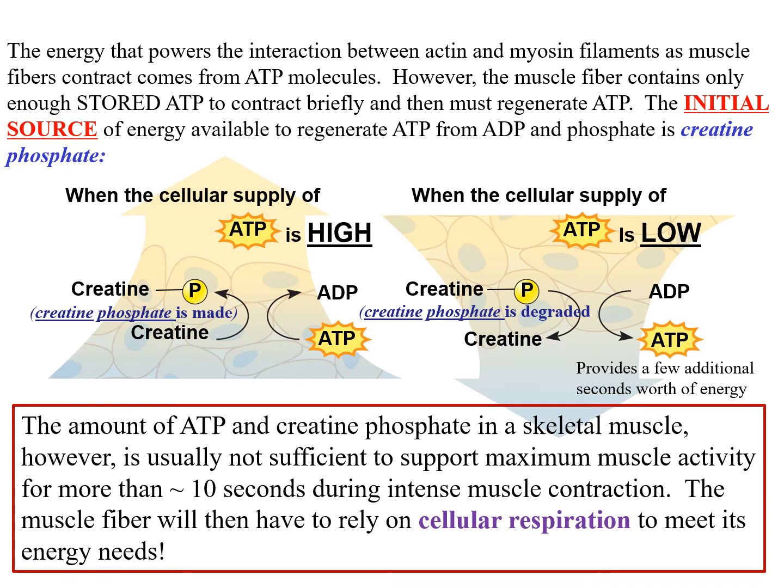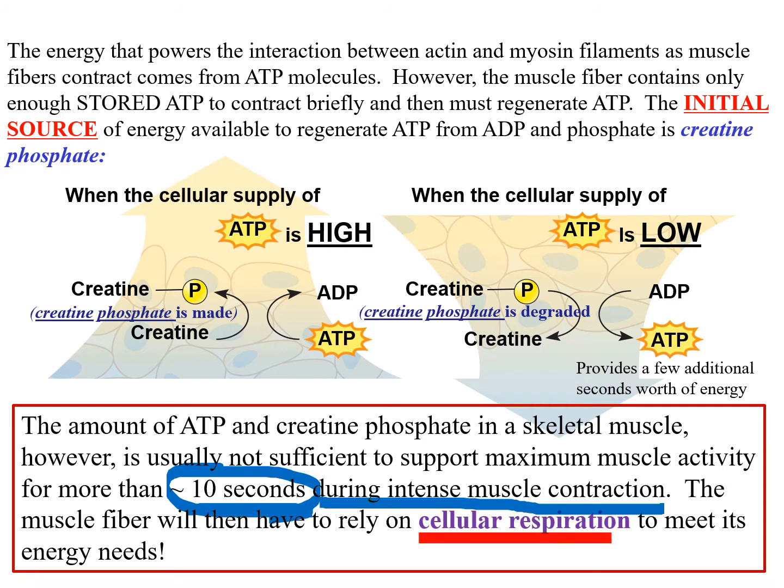Now, when you consider the creatine phosphate stores and the amount of ATP that is available to a muscle fiber, note that it only gives about 10 seconds worth of energy during intense workout, or say running a race, playing tennis, swimming, that kind of thing. So between the creatine phosphate being used to make ATP and the available stored ATP, you can get about 10 seconds worth of energy before you have to tap into aerobic respiration.